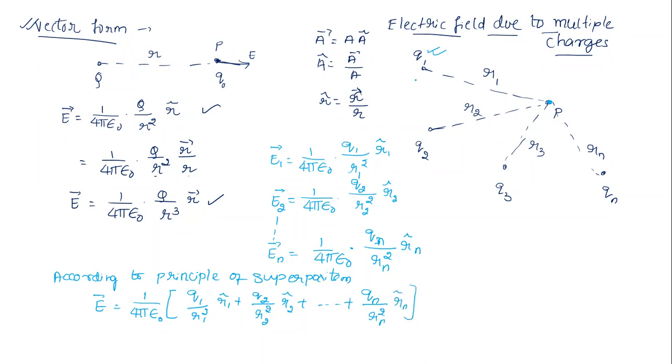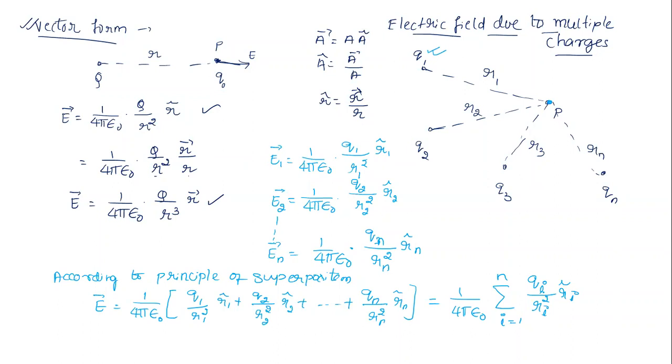Now I need to make it mathematical using summation. This will be 1 divided by 4 pi epsilon naught multiplied by summation over i equal to 1 to n of Qi divided by Ri square into Ri cap.